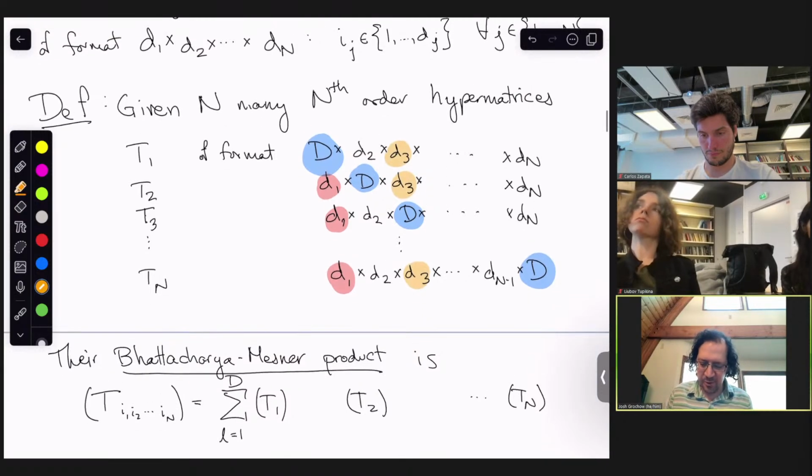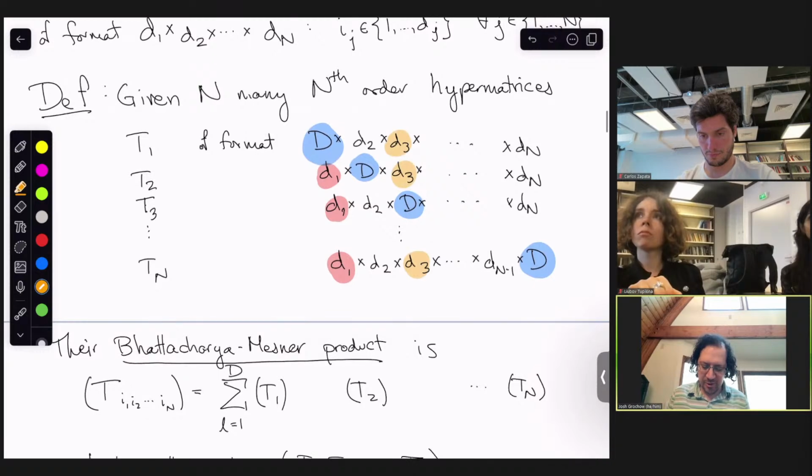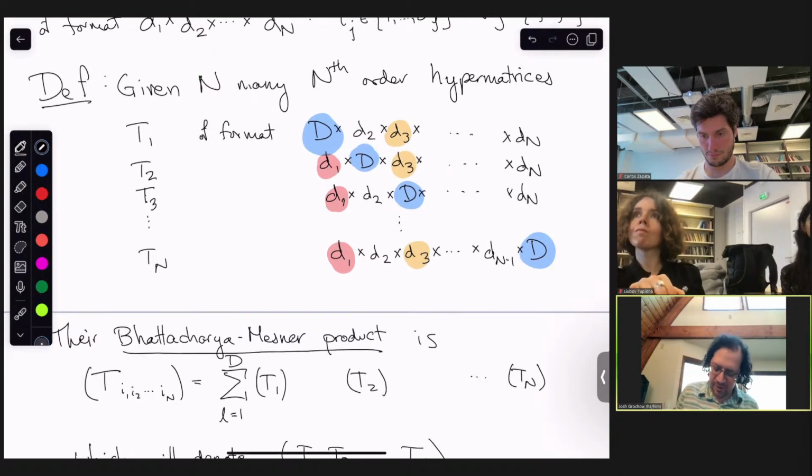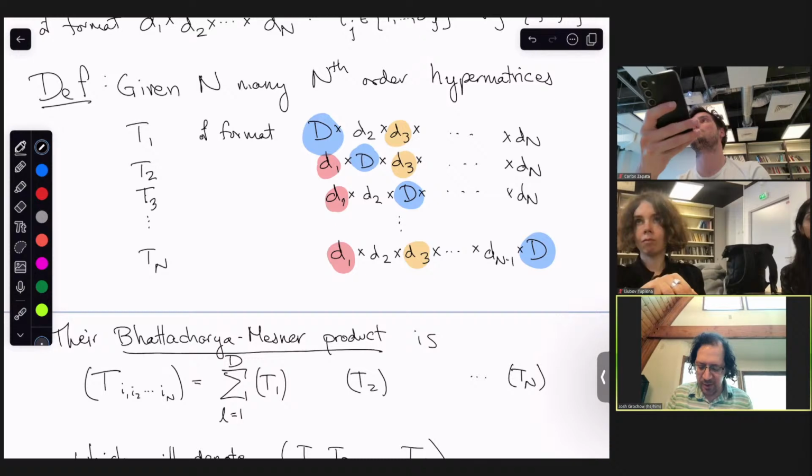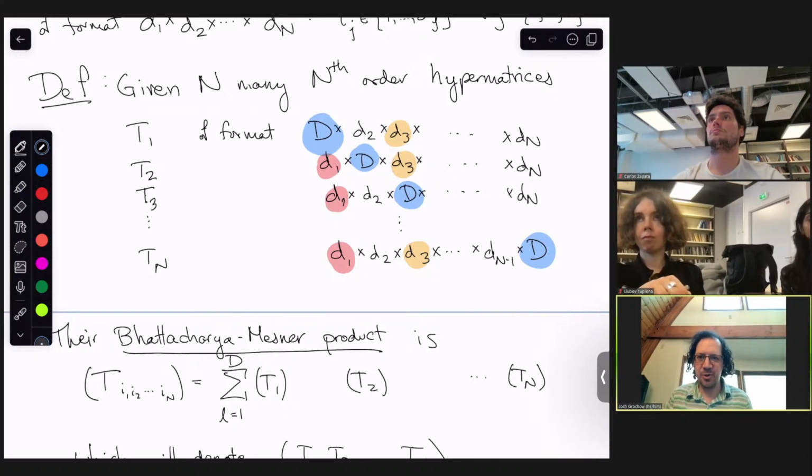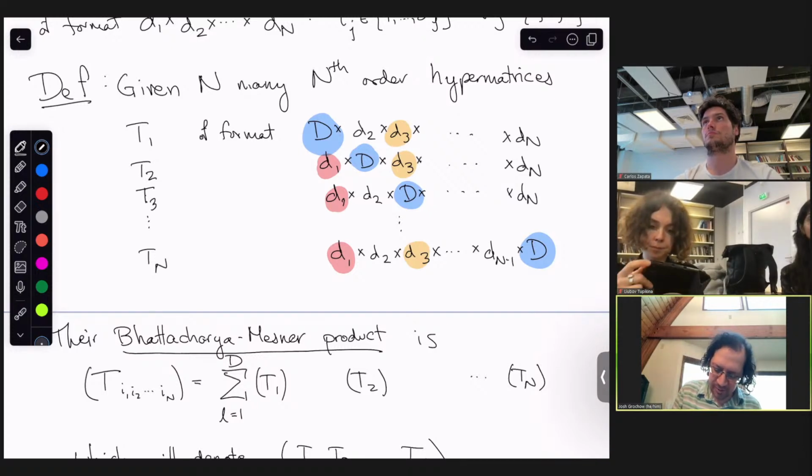If you have that, you can then get out a new nth order hypermatrix, defined by this formula here. I left these things out so that I could write them as you watch, because otherwise you get lost in the indices. We're going to do a partial contraction, and it's going to involve all of T1 up to Tn.